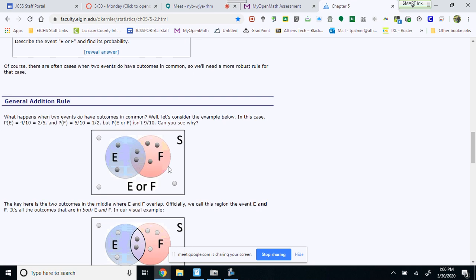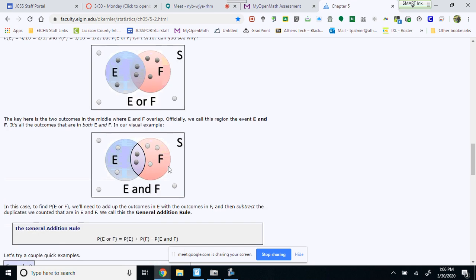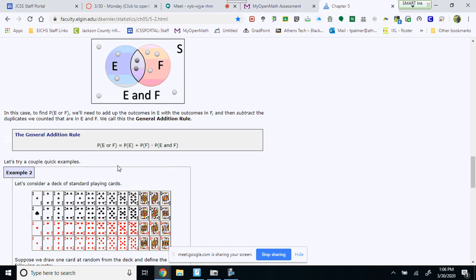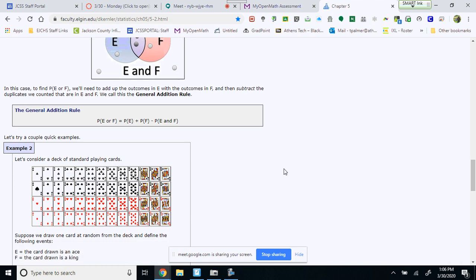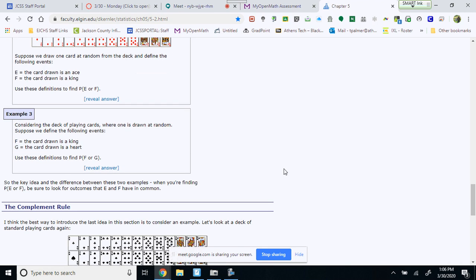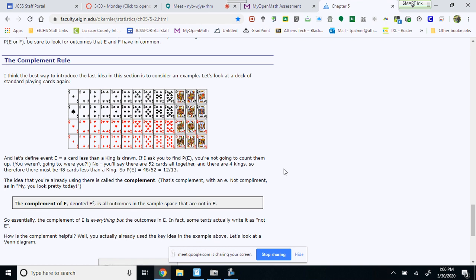And then it gives you this scenario and then this scenario, and then it talks about the duplicates, which we take as being the complement, right? The ones that are not included in any of them. It kind of goes through that, and then it gets through this one as well.